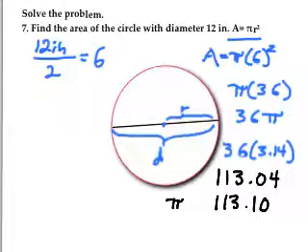So you have to pay attention to what they're asking you to do. Generally, if you're looking for a numerical solution, you're going to use 3.14. So don't use the pi key on your calculator if you're going to calculate with 3.14. That's all I'm saying.